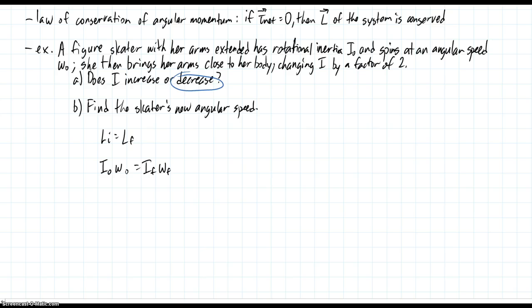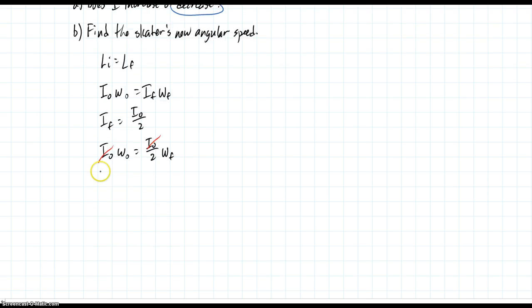But we know that I has changed by a factor of 2, and we discussed earlier that we know it must have decreased. So I final equals I naught divided by 2. And plugging that in, we have I naught omega naught equals I naught over 2 times omega final. The I naughts cancel, and so omega final would equal 2 omega naught.